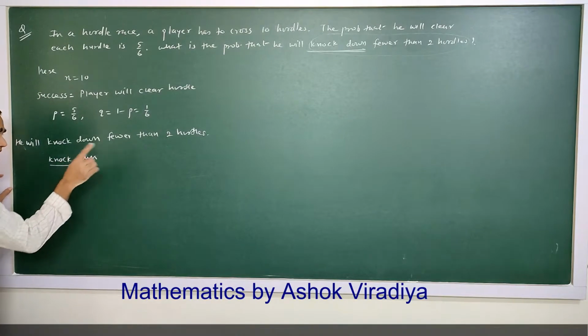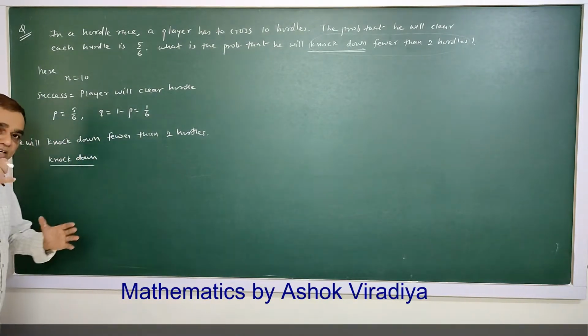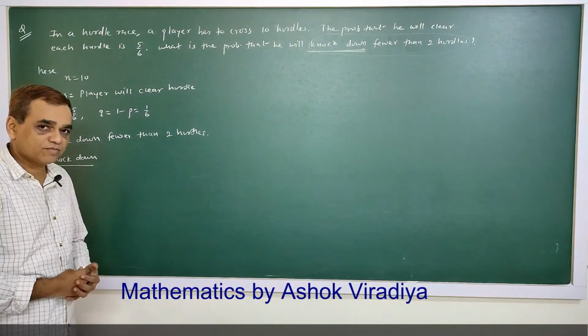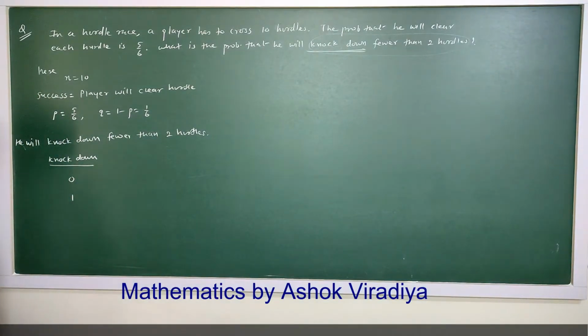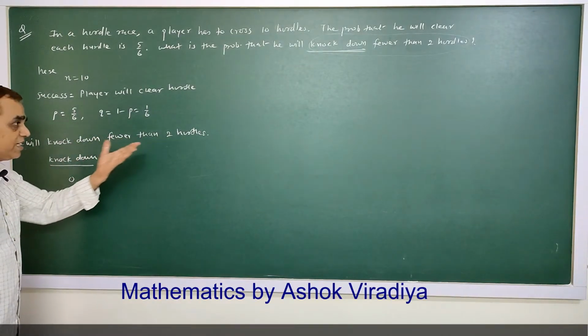Fewer than 2, that means less than 2. So that is 0 and 1. So in 0 trials he will knock down, in 1 trial he will knock down. 0 times he will knock down, 1 time he will knock down. That means fewer than 2 times.